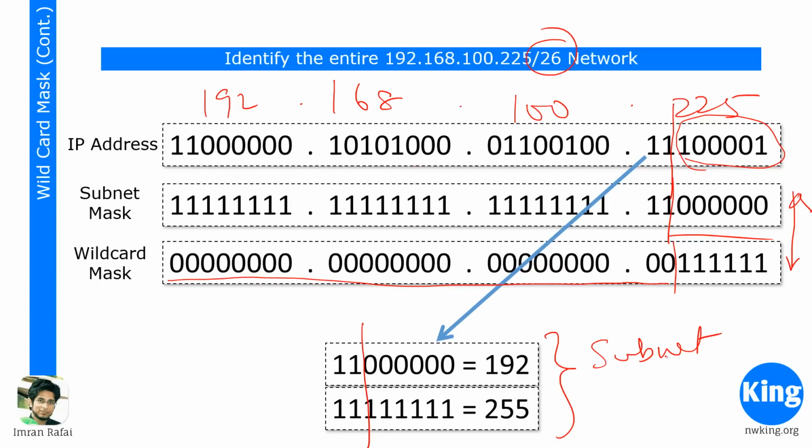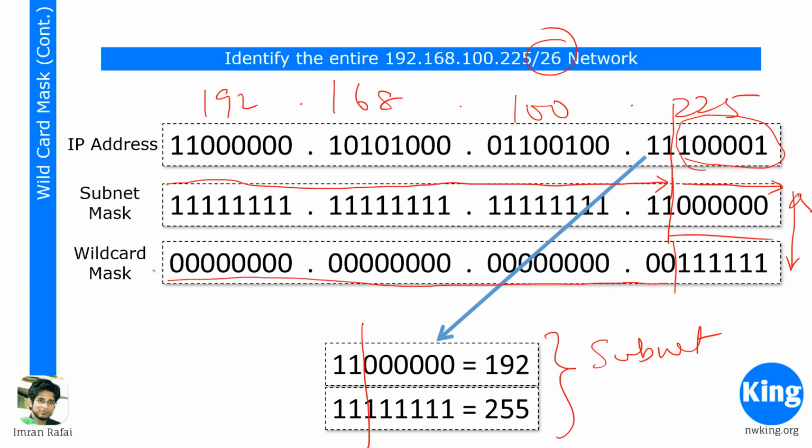But if you want to identify only a few hosts in that subnet, then you can start playing with your wildcard mask. Unlike wildcard mask, a subnet mask has a rule: it will always start with a series of ones, then a series of zeros. You can never have a subnet mask with ones, zeros, then ones and zeros mixed up.